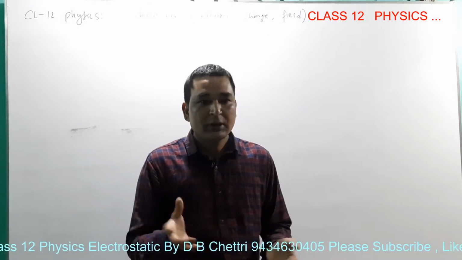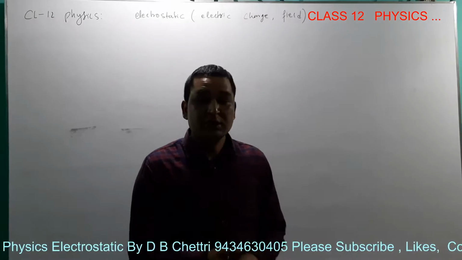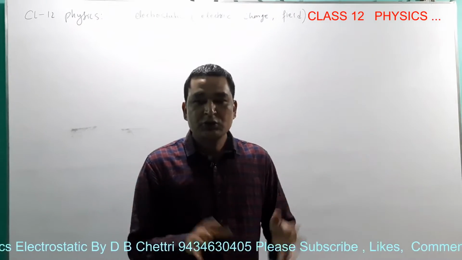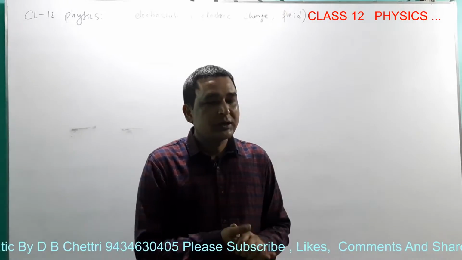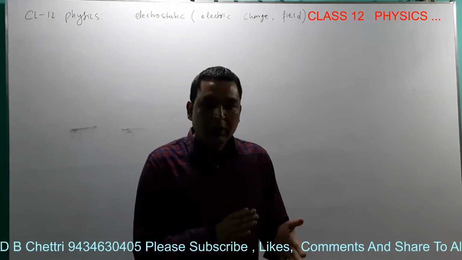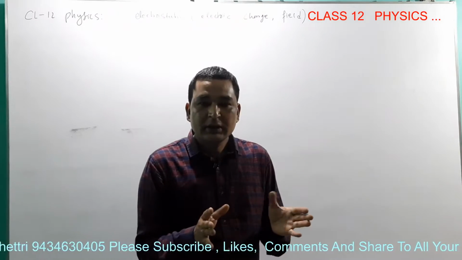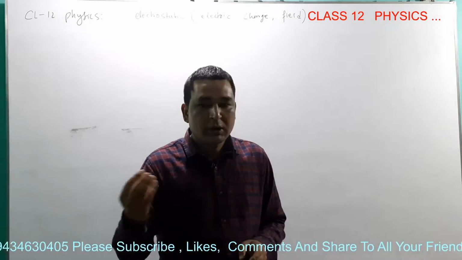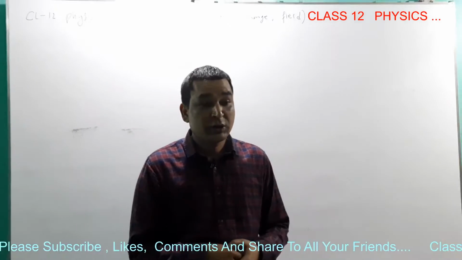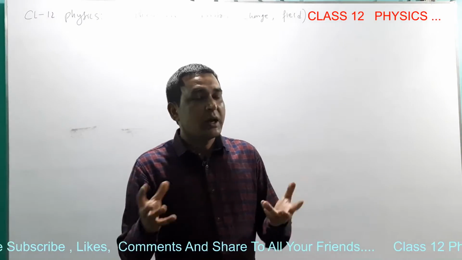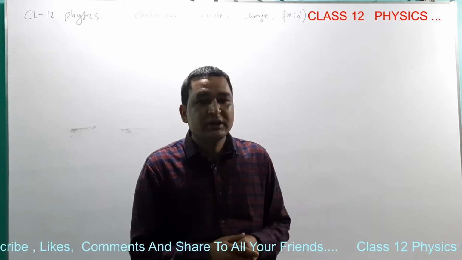How? I am going to explain how charge is conserved. Think there are two objects. Before rubbing or contacting these two objects, their net charge is zero, because both objects are electrically neutral. How are they electrically neutral? Because the number of protons and the number of electrons within an object is the same.